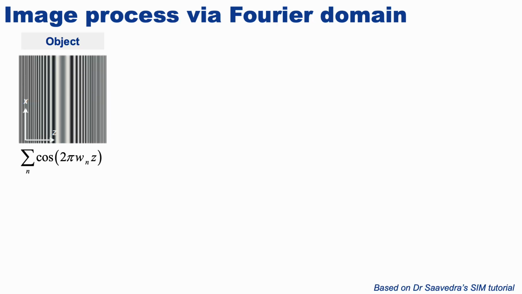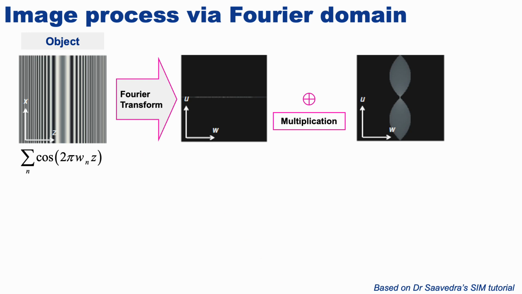And I want to give you here an example. Let's assume that you have an object, and your object is composed of a lot of cosinusoidal patterns. When we do the Fourier transformation, if this is my object, this is going to be my Fourier transform.